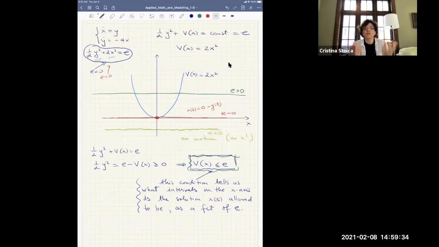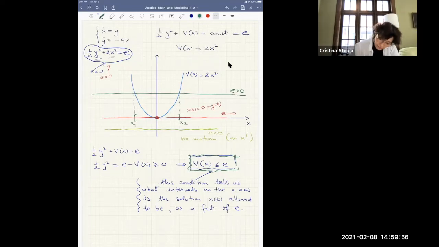So only those ones are allowed to be. So here they are. So x will play in between these two values. Okay, so let's say, I don't know, an A or B, or an x1 here and an x2 there.